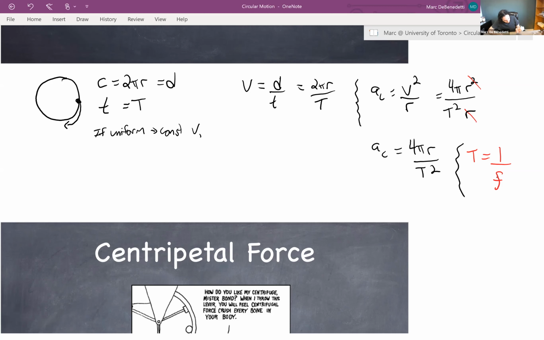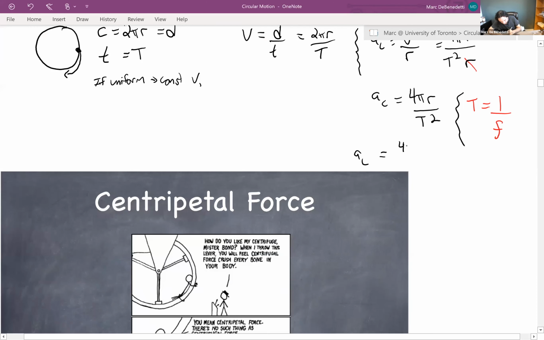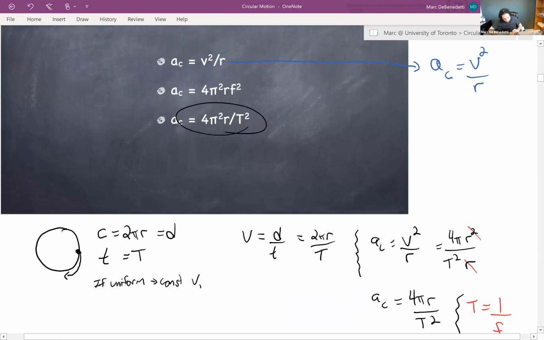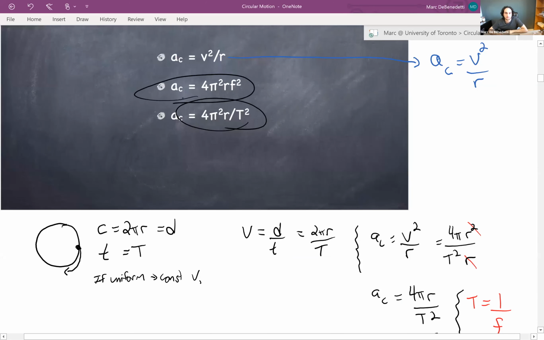Using this, I could easily swap out my period and say my centripetal acceleration is 4 pi squared r times f squared instead of 4 pi squared r over period squared. And that is where that equation comes from.